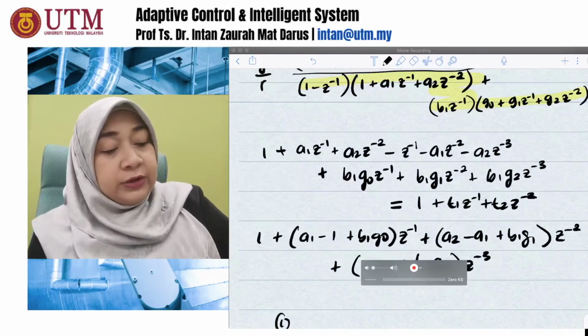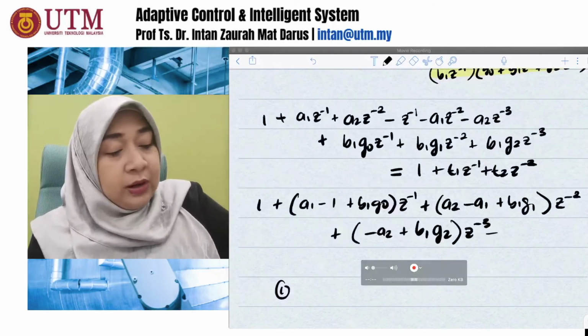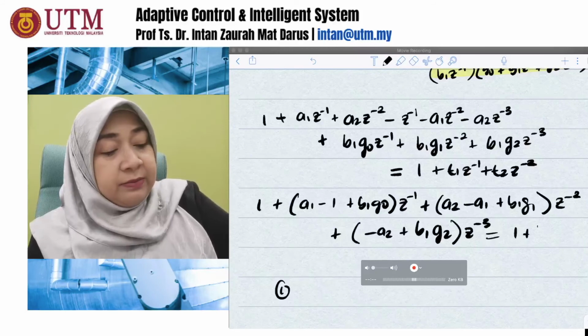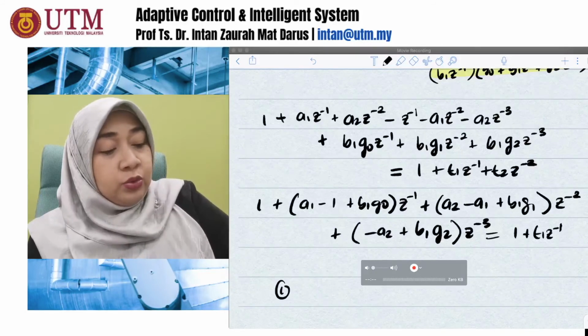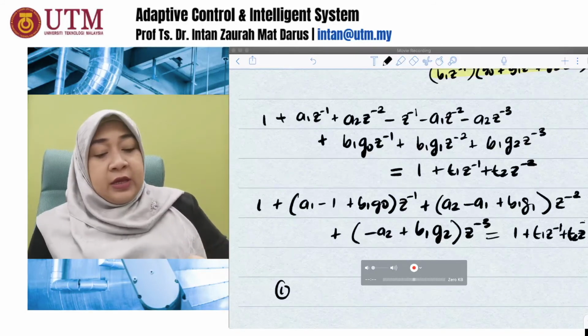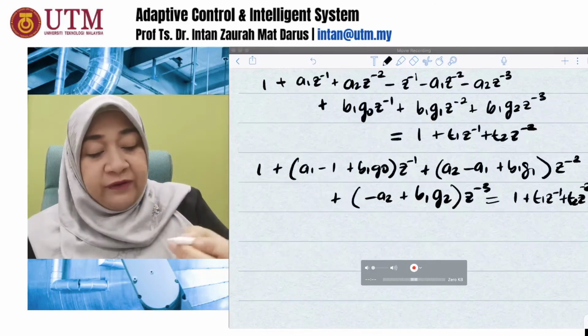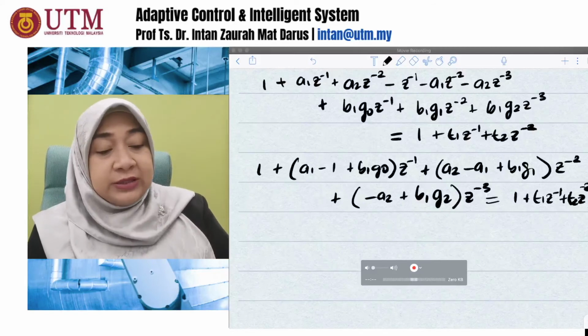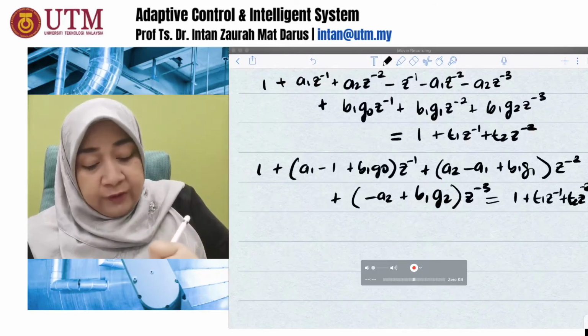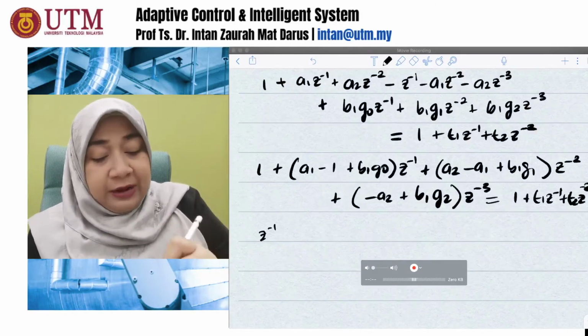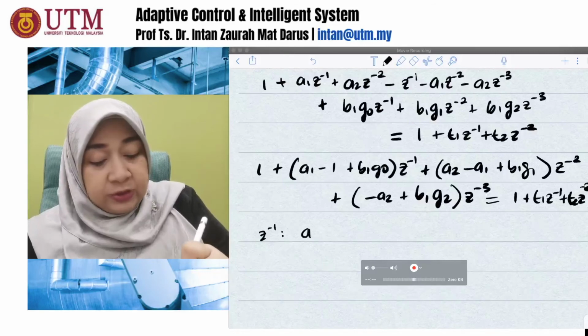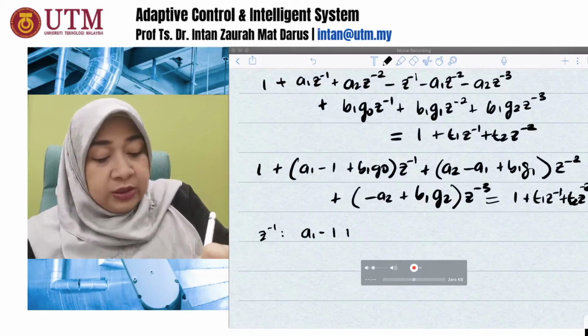Okay, and of course these need to be equated with 1 plus t1 z^-1 plus t2 z^-2. So if we want to do the equating, what we do is compare the coefficients of z^-1, z^-2, and z^-3. If we go for the first one, z^-1, on the left hand side I will have a1 minus 1 plus b1 g0.